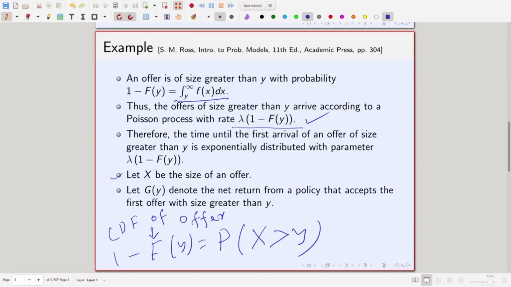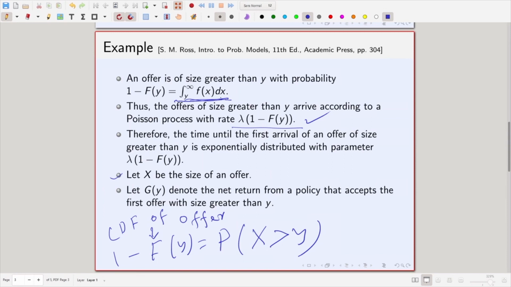The rate at which offers of type 1 arrive is lambda times 1 minus F(y), where the small p is 1 minus F(y). So, lambda times p. This is where we use Poisson thinning: offers of size greater than y arrive according to a Poisson process with rate lambda times 1 minus F(y).